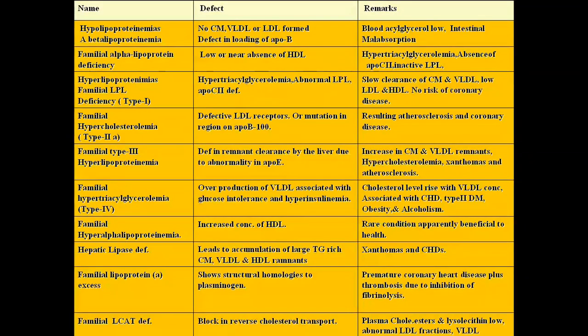Third row, hyperlipoproteinemia, familial LPL deficiency type 1. LPL stands for lipoprotein lipase.